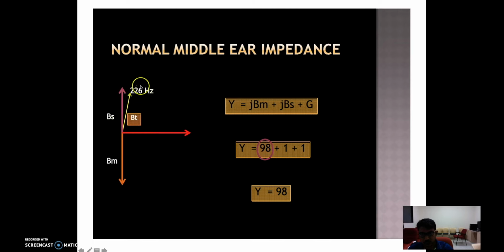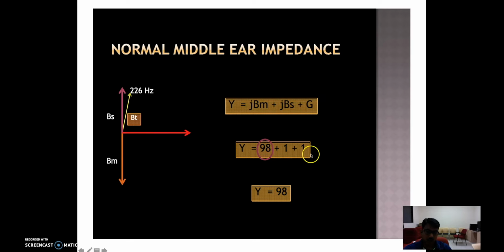Okay, so because of it, we think that the rest of the components' contribution, that is the friction component and the mass component, is negligible. So that's why it could be written as Y is equal to, where j is an imaginary number, jBm plus jBs plus G. The G is conductance, which is written as a real number, whereas the rest two are written as imaginary numbers.